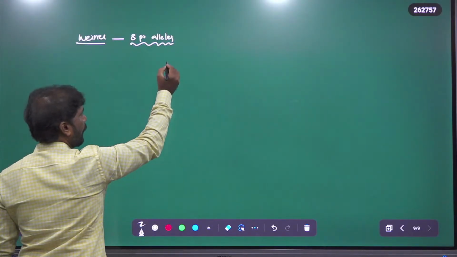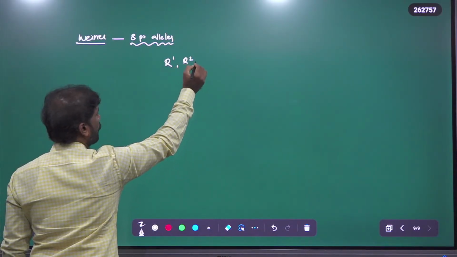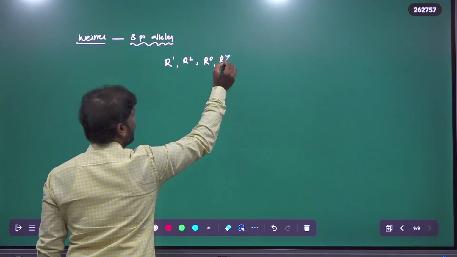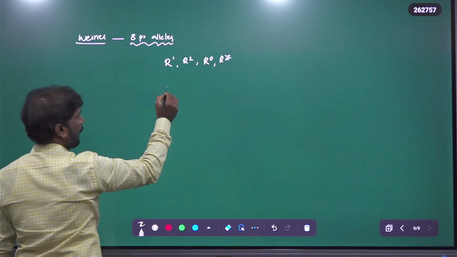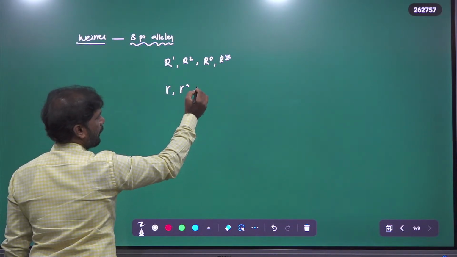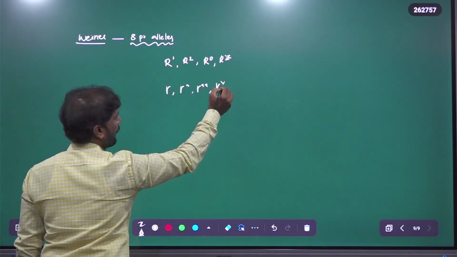Here it is R1, R2, R0 and RZ, and the second set r', r'', and RY.